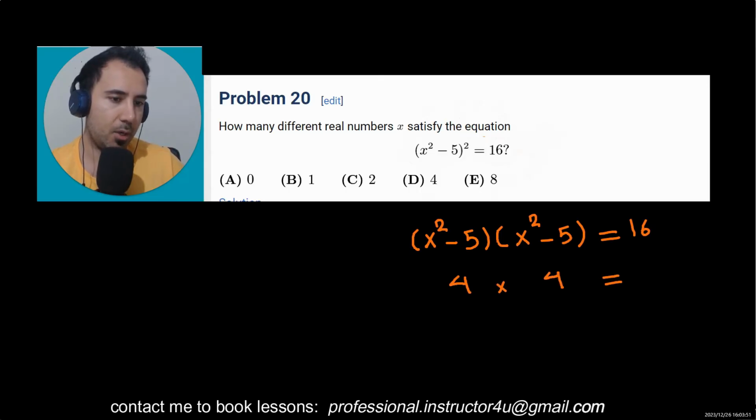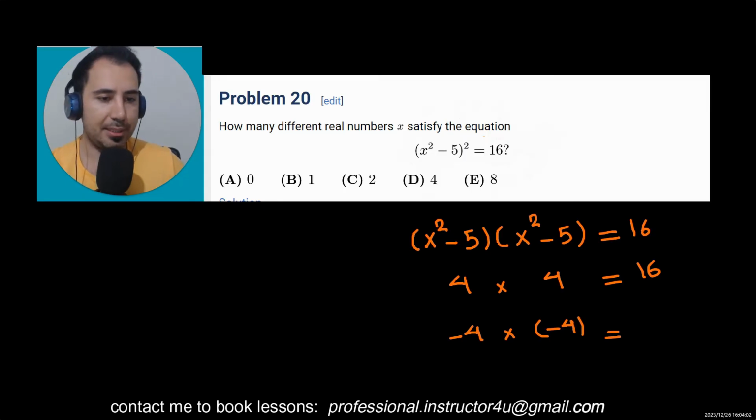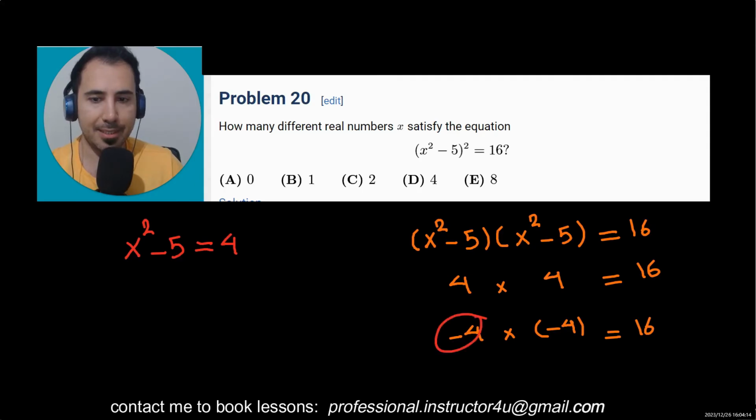We also know that -4 multiplied by -4 is also 16. That's why we're going to write it this way: x squared minus 5, maybe it's 4, maybe it's -4. So we're going to have 2 equations to deal with.